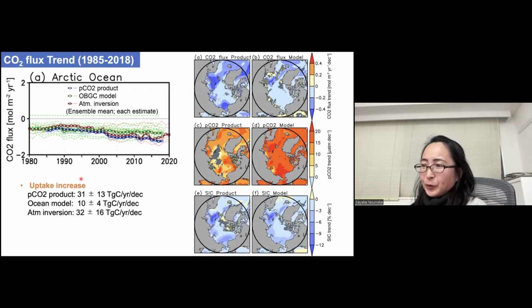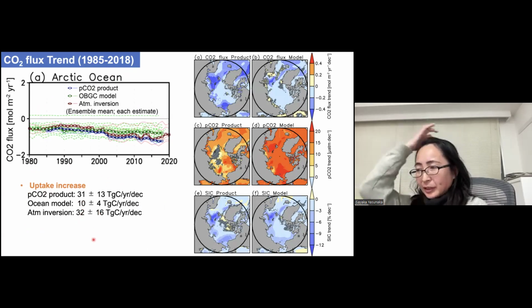The rate of this increase is like this, and it is 10 to 30% per year. And this increasing rate is a little larger than the global mean, we found.